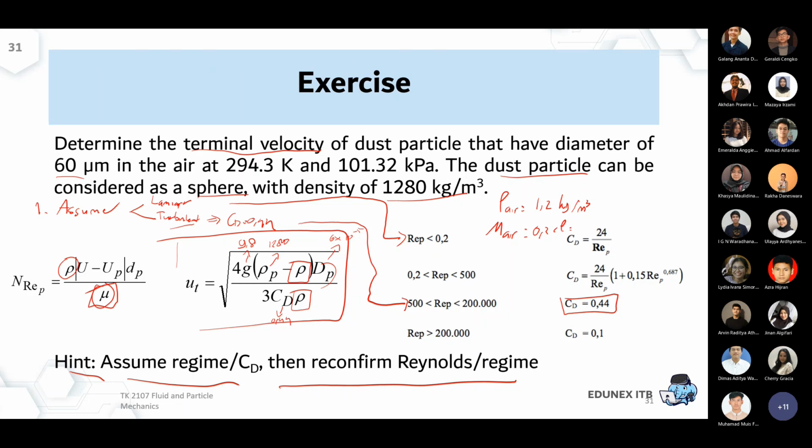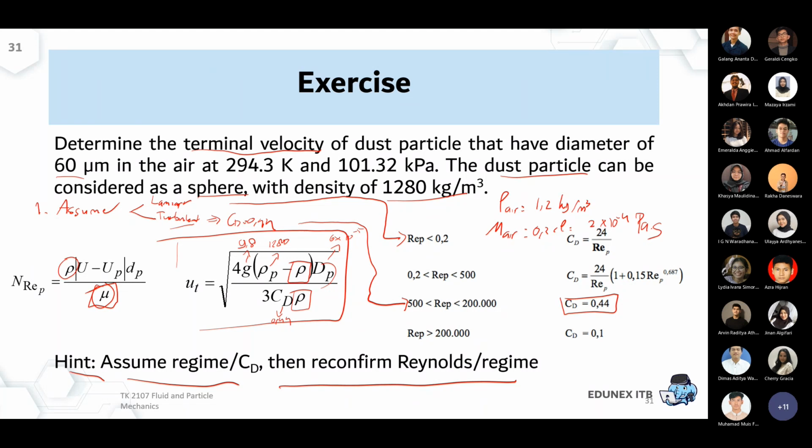If you convert to Pascal second, it should be divided by 1000. So that should be 10 to the minus 4 Pascal second.